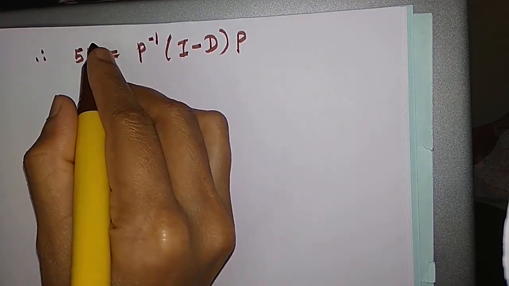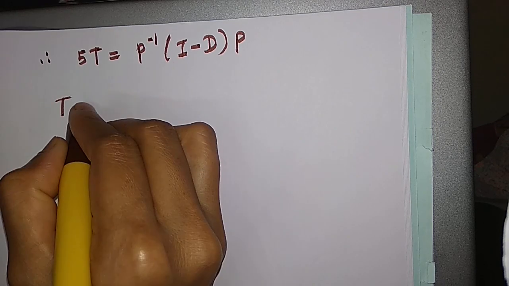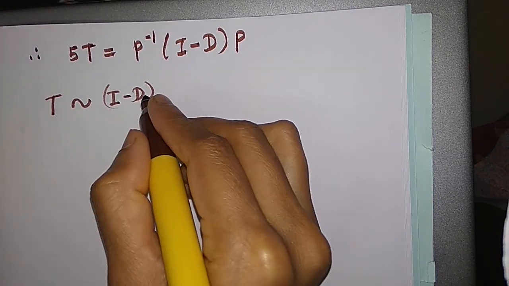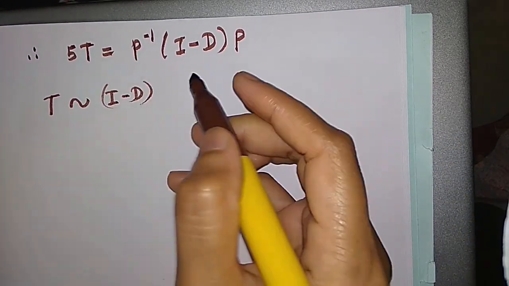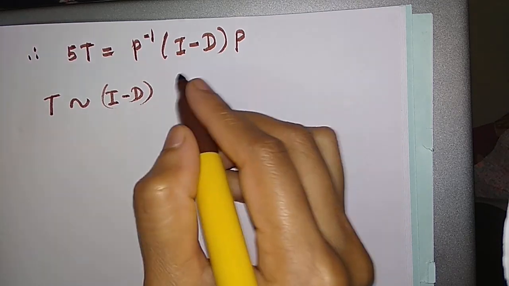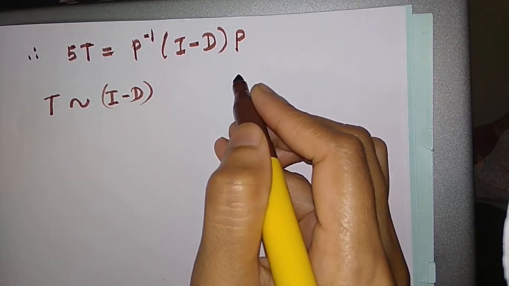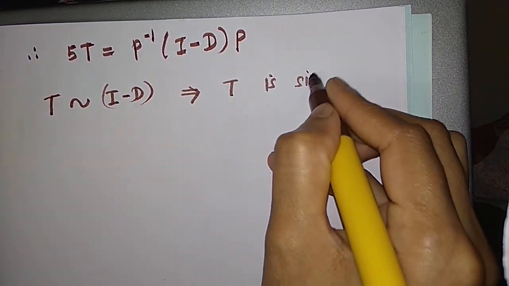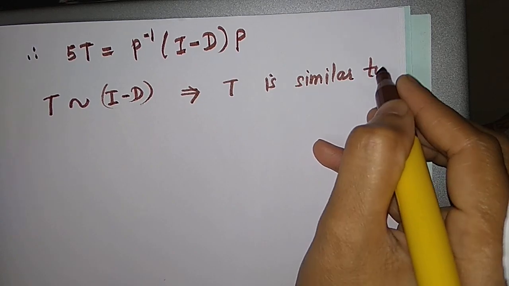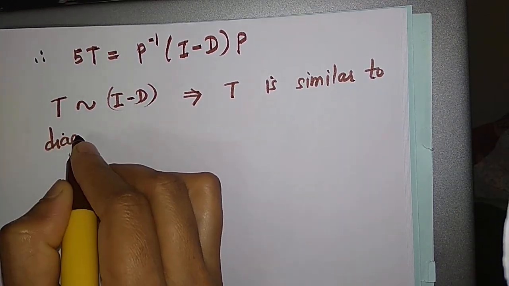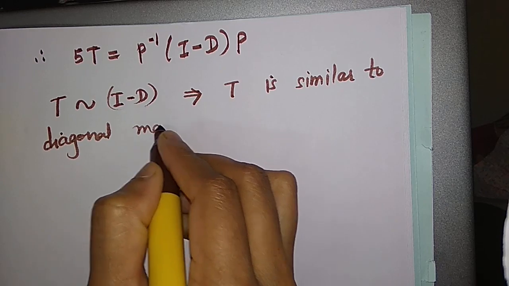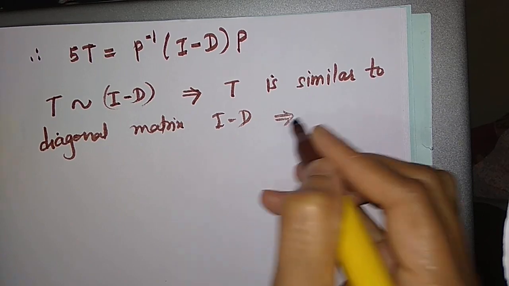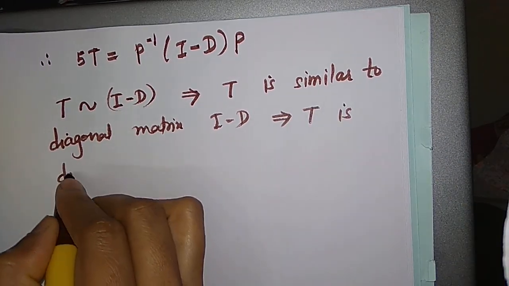So we have written T is similar to I minus D. Now D is a diagonal matrix, the identity matrix is a diagonal matrix, so I minus D is also a diagonal matrix. So this implies T is similar to the diagonal matrix I minus D. So this implies T is diagonalizable.